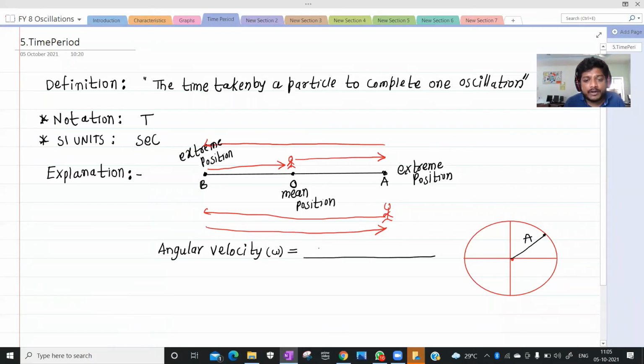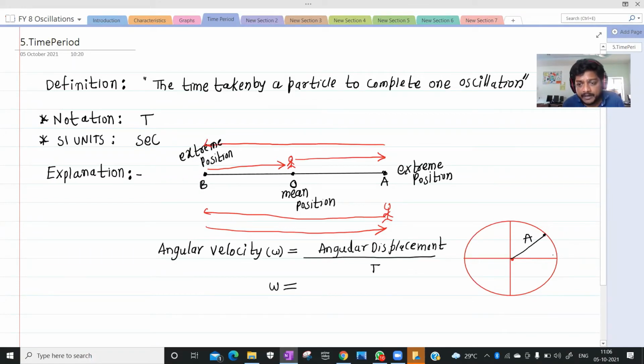Angular velocity is angular displacement by time.